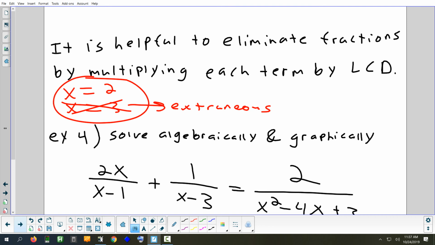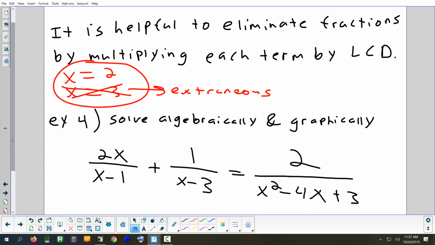So, when we have a problem like this, the way we're going to solve it, we're not going to be finding a common denominator. We're going to try to wipe the denominator right out, by multiplying by whatever we need to make that happen. What do you need to multiply by? The LCD. It's kind of like if you had x over 2 plus 3 over 4 equals 12, and you don't want to deal with fractions.